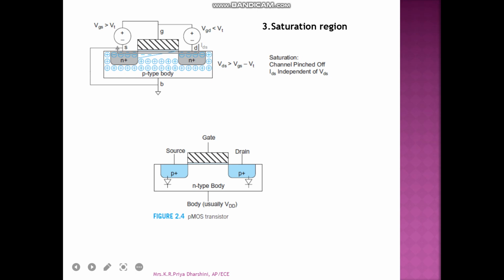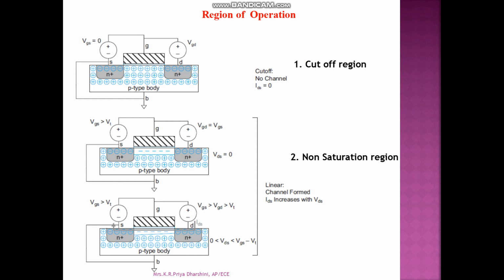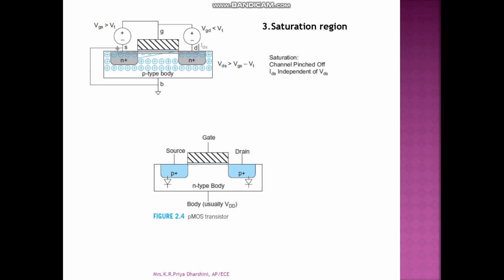So the channel formed between the n wells is pinched off, and the drain to source current is independent of the drain to source voltage. These are the three regions of operation, the cutoff region, non-saturation region, and saturation region, which depend on the gate to source voltage.